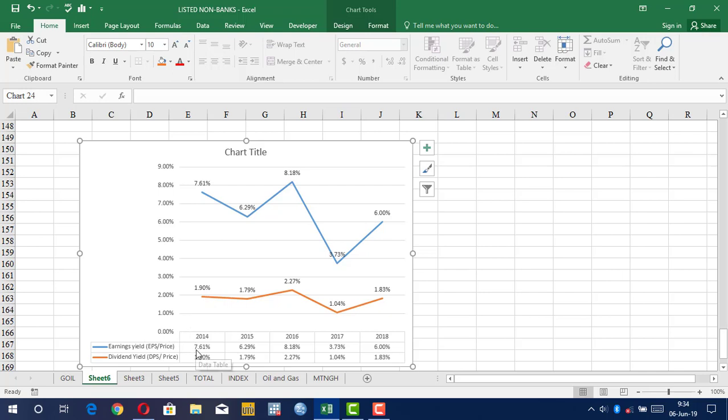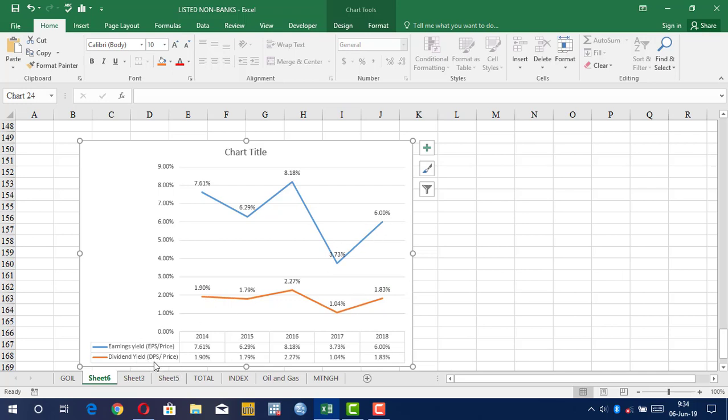So over the years, in 2014 their earnings yield stood at 7.61%, and in 2015 it declined to 6.29%, in 2016 it went as high as 8.18%, it declined to 3.73% in 2017, and in 2018 it went as high as 8%.